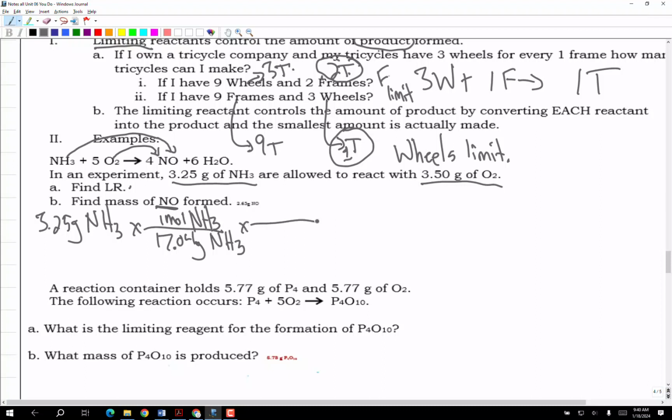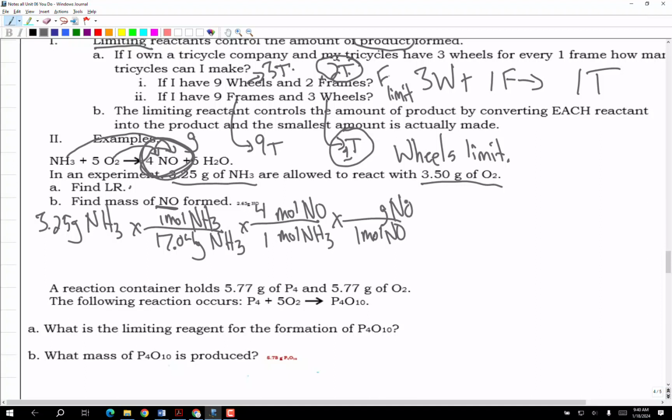And then I'm going to take, remember I said I'm going to NO, and I want grams of NO. So then I'm going to put moles of NH3 on the bottom to get out of that, and go into moles of NO. And moles over moles use coefficients, so 4 over 1. And then I'm in moles of NO, but I want grams, so 1 mole of NO to grams of NO.